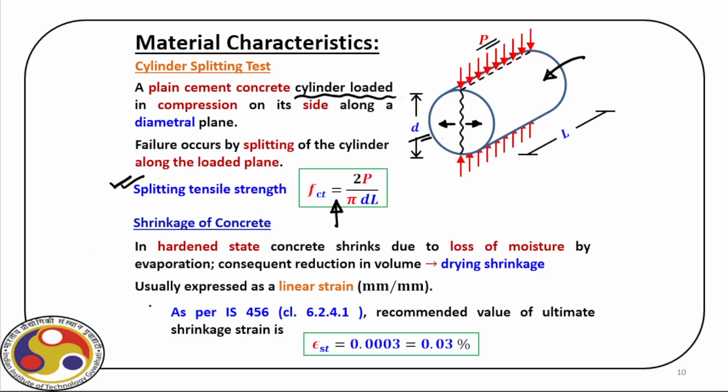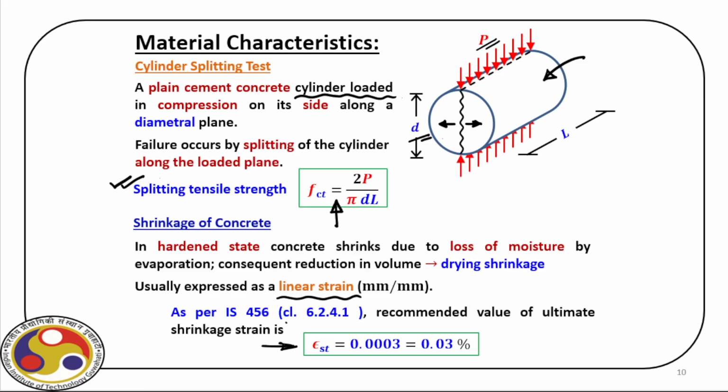It is usually expressed as a linear strain, and as per IS 456, there is a specific clause 6.2.4.1. That clause says that shrinkage strain is 0.03%. So in our estimation also, whenever we need this, we will use this value as recommended by IS 456.